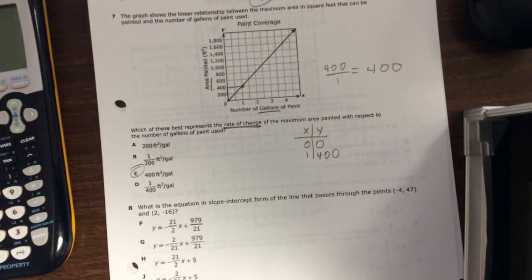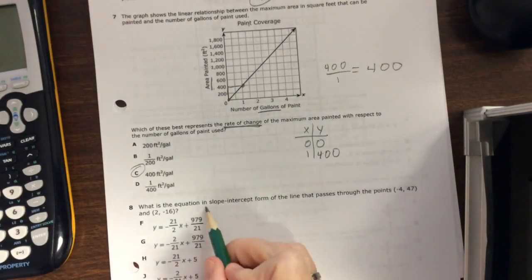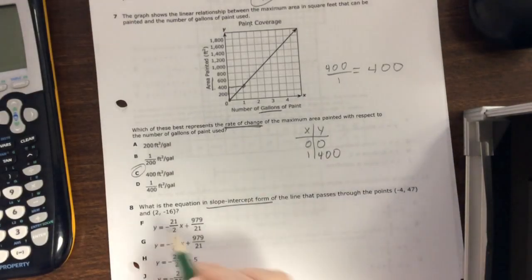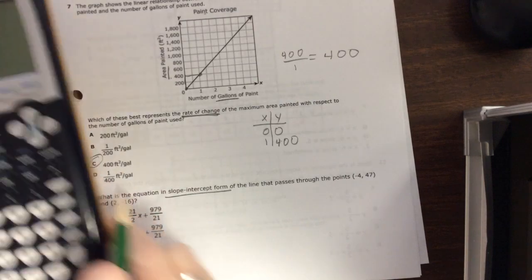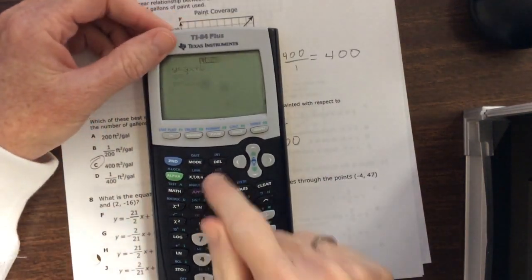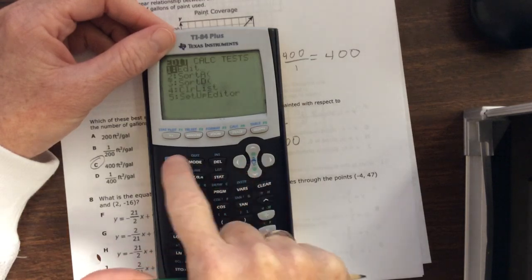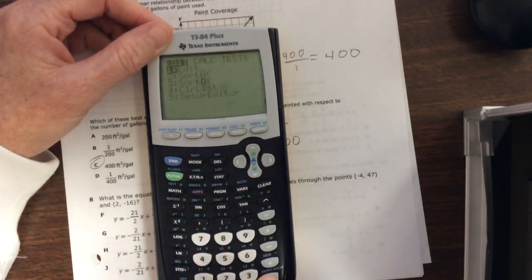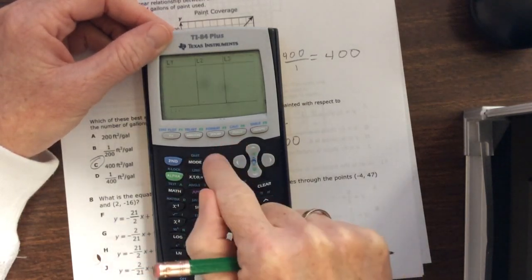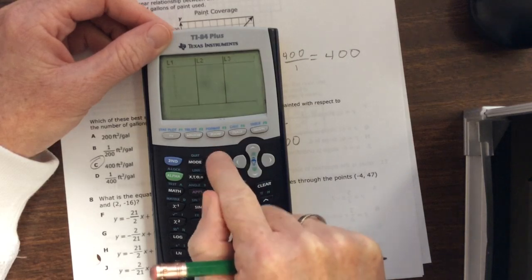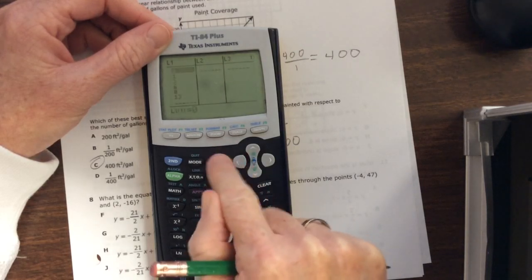What is the equation in slope-intercept form of the line that passes through these 2 points? Well, that's easy enough. Stat edit, that is our friend. I'm going to delete these. I'm going to delete these.